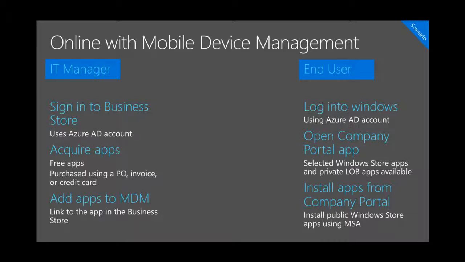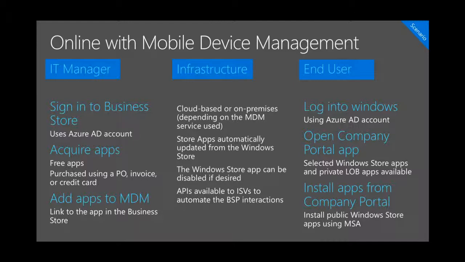So you can download them and service them offline to devices. So in the case of the gentleman here that said, I want an on-premises solution only, you can download them and service them locally through an MDM system or through a provisioning package.